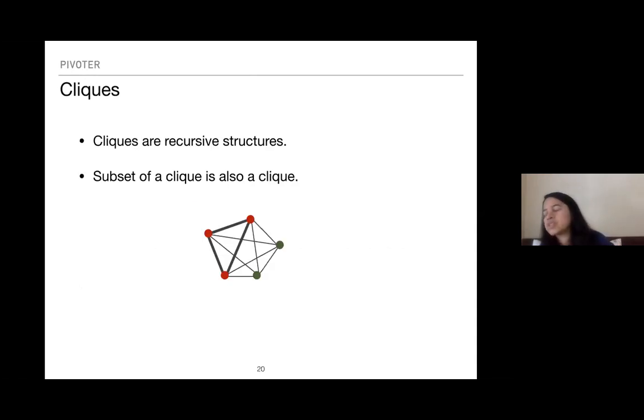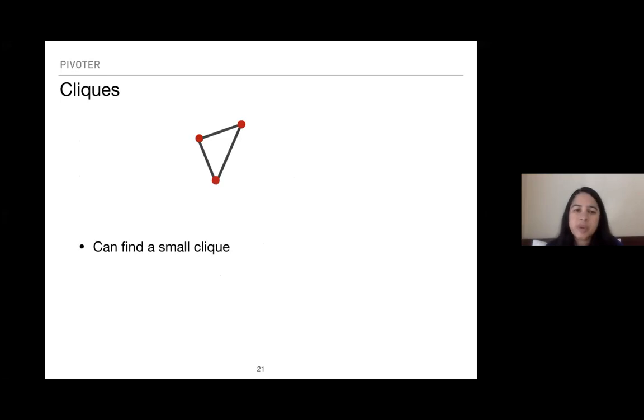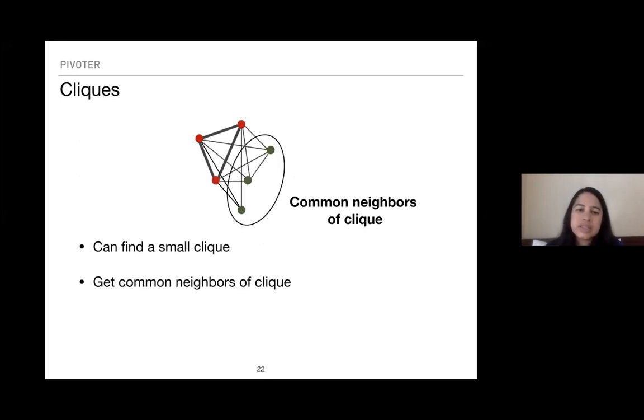Okay, so before I dive into Pivoter, it would be useful to get some intuition for how cliques work. Cliques are recursive structures, which means that a subset of a clique is also a clique. So this suggests that one way of discovering all cliques in the graph could be that I find a small clique and look at its common neighbors.